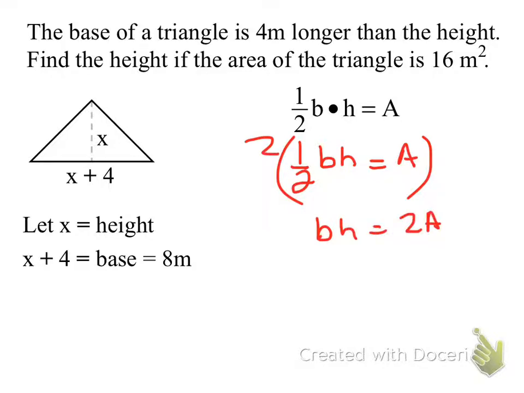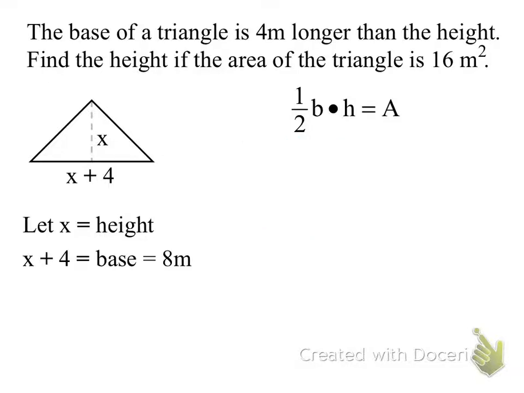That might be easier: clear the fraction first. Because look what's going to happen. Well, here, let's see. I'm just thinking about earlier today. So I start substituting in 1/2 times the quantity of x plus 4 times the quantity of x equals 16.